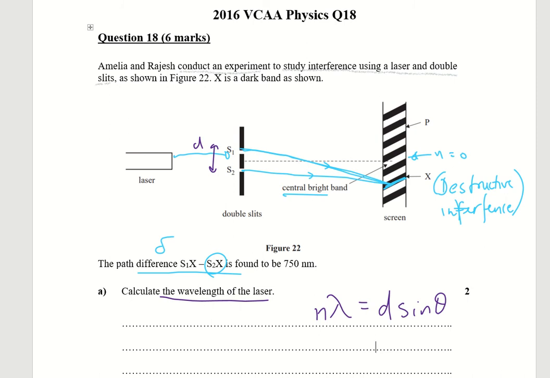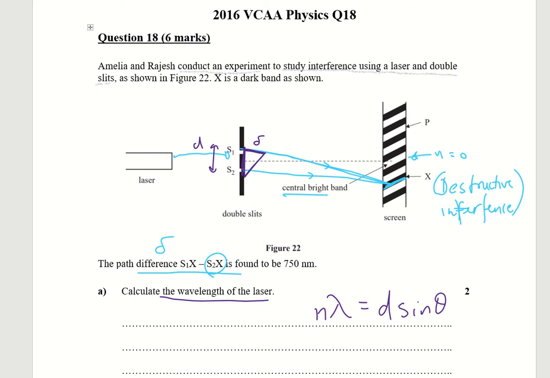The actual difference in how far one light wave has to travel compared to another is this part here. This is delta, okay? And obviously this is just an imaginary addition, so we draw it like so.